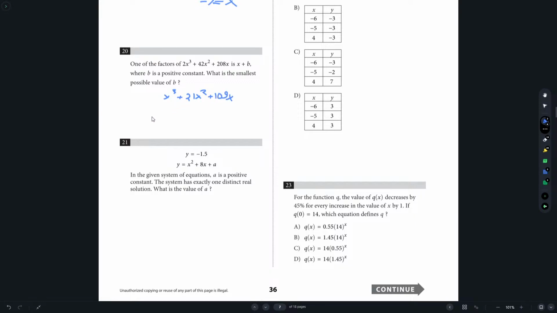We can also take out an x. So we have x squared plus 21x plus 109. We can see here that we can split this quadratic further. It looks like 109 should be 104 actually, not 109. Oops. Let me redo this question.